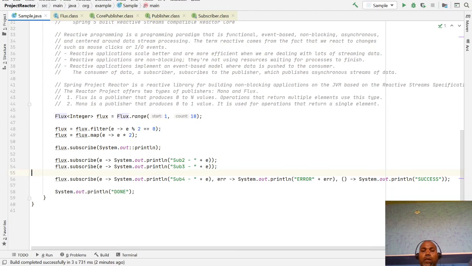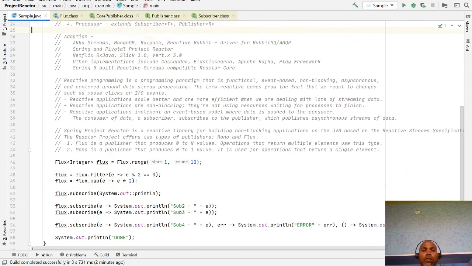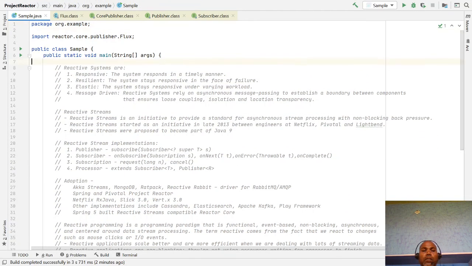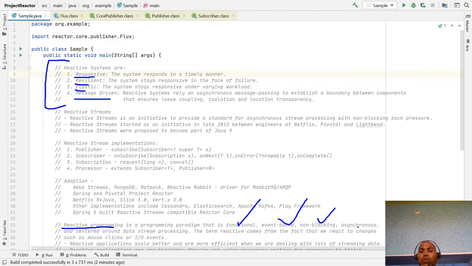Okay, the summary point is that reactive systems are those systems which are responsive, resilient, elastic, and message driven. To achieve these reactive systems, we have to follow reactive programming. That reactive programming is implemented in a functional, event-based, non-blocking, and asynchronous manner.